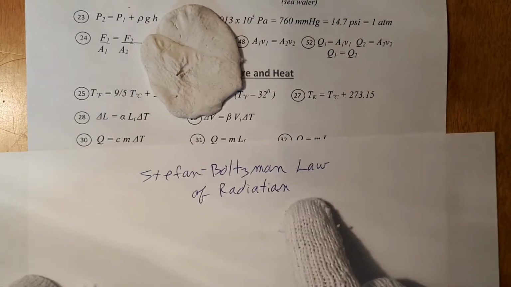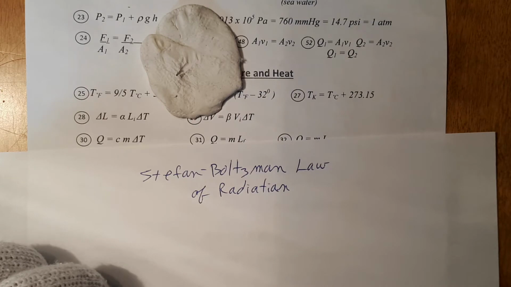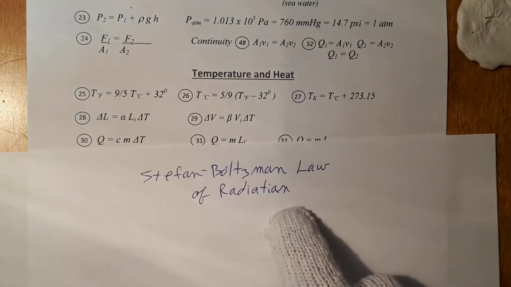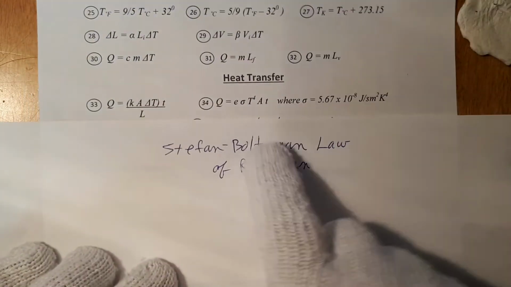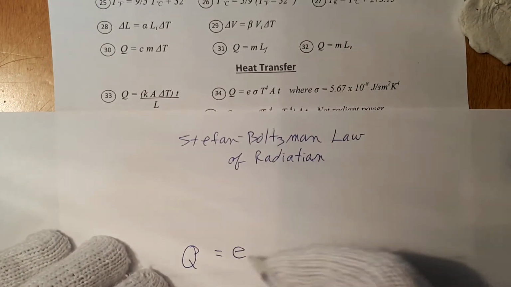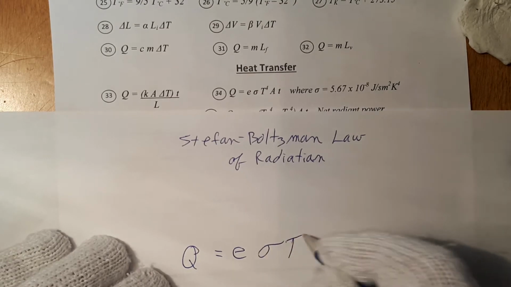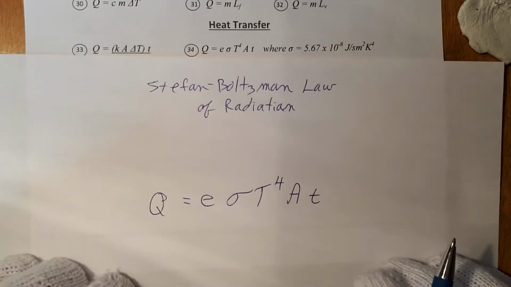And this is electromagnetic radiation that we're talking about. In other words, light energy. This equation, Q is equal to E sigma temperature to the power of 4 area times time.